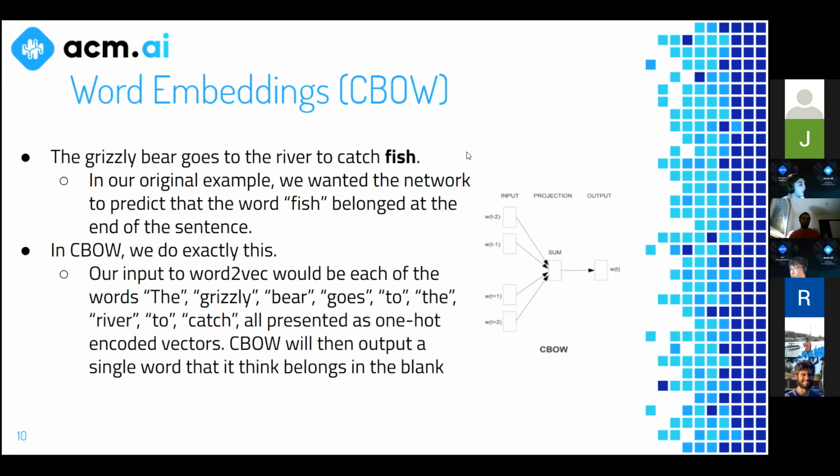Now, there's something very important to keep in mind here: this CBOW model is not the model that we're actually going to be using to predict the word at the end. Remember what the purpose of CBOW is. CBOW and word2vec exist to generate word embeddings.